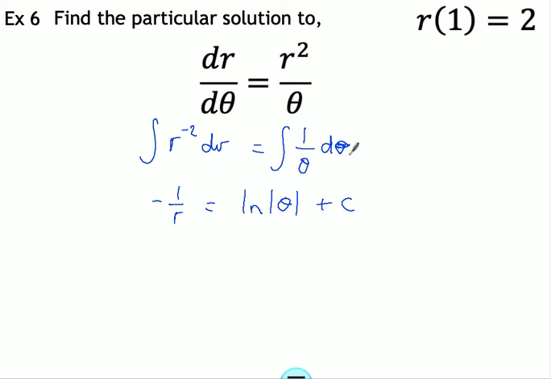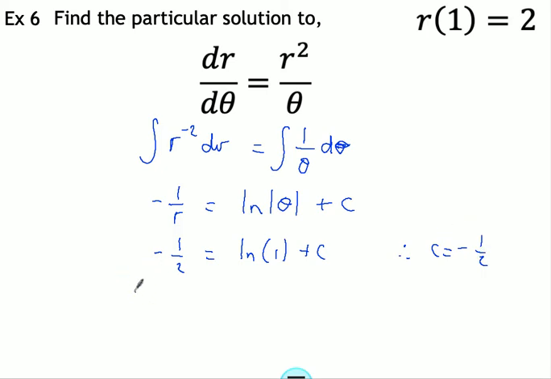Now it's at this point I tend to use the boundary condition to work out what c is. So let's do that. So r is 2 and theta is 1. Okay, ln 1 is 0, so that implies that c must be negative half.